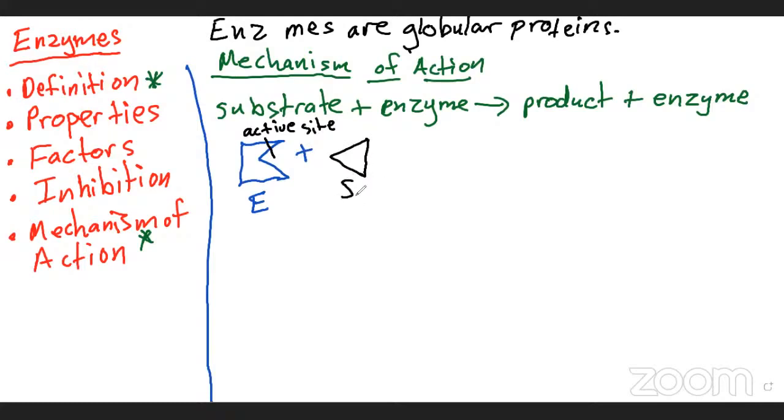So this is our substrate. When the enzyme binds with the substrate, it forms a complex called the enzyme substrate complex. We're going to get an intermediate. So this is the enzyme substrate complex.